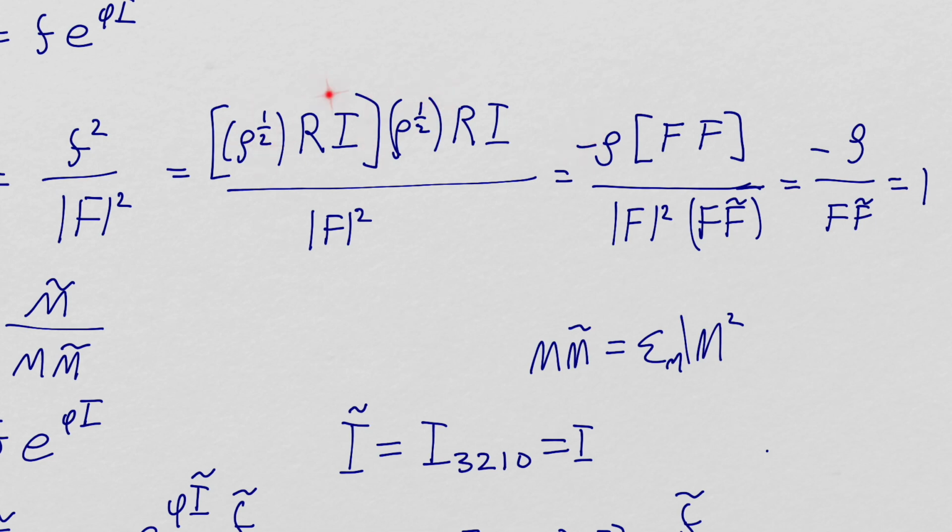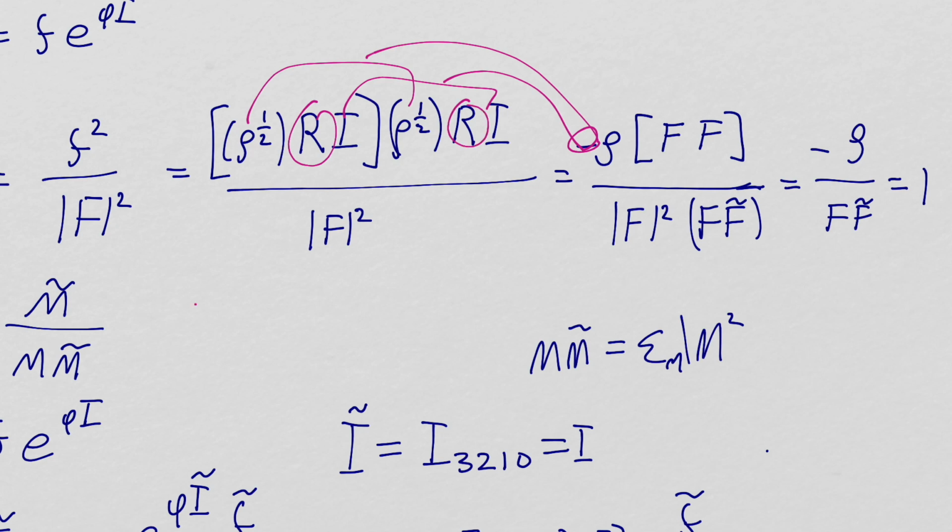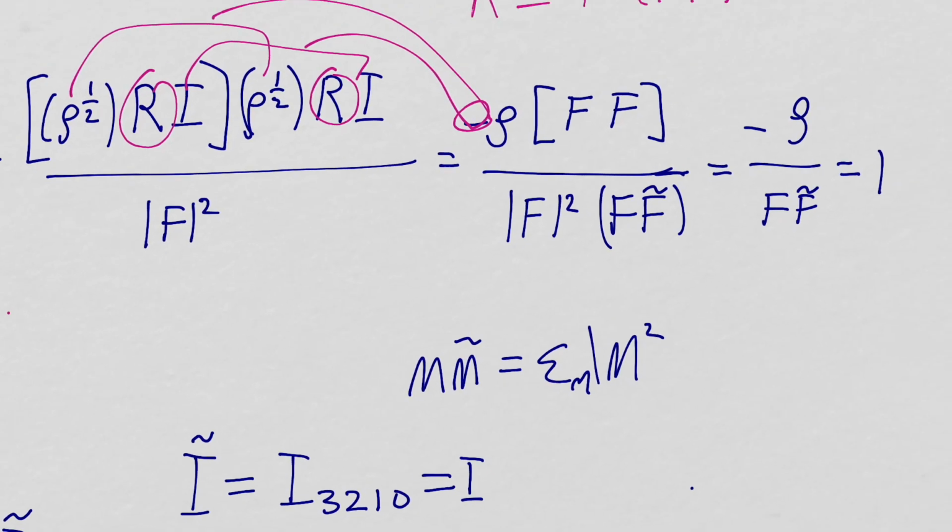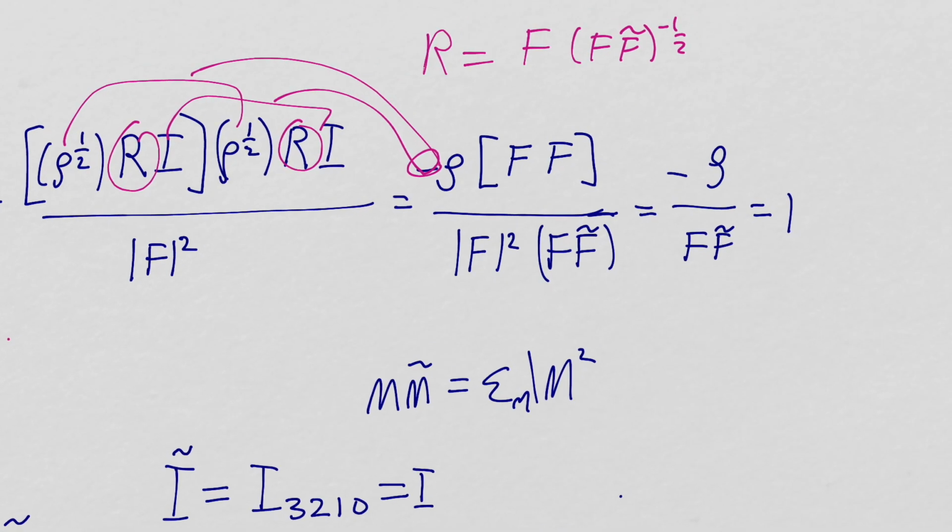The two rhos come together to give you rho. And then the two R's come together. Each R is literally defined as F times F reversion to the minus 1/2. So if I replace the two R's with F reversion to the minus 1/2, you end up with two F's on top, F reversion on the bottom.